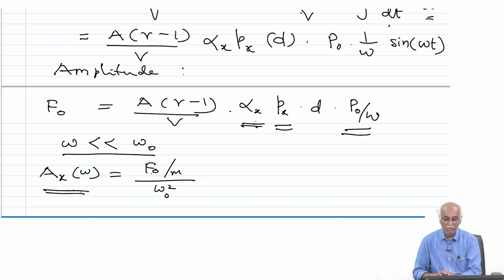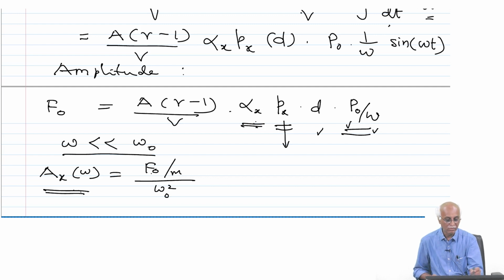But in order to measure the concentration, we will keep all other parameters fixed, and we will try to see what is the signal variation in terms of displacement, in terms of photoacoustic signal, based on the change in the concentration. All other parameters are kept constant. So D will be constant, P 0, omega, everything is the same. Absorption coefficient is also constant. What is varying is Px, the concentration, partial pressure.